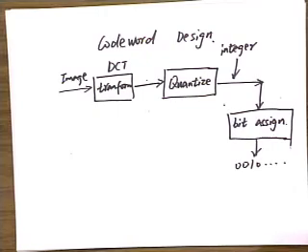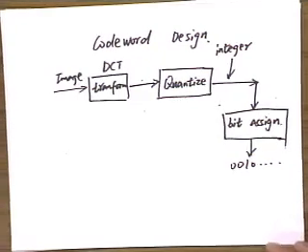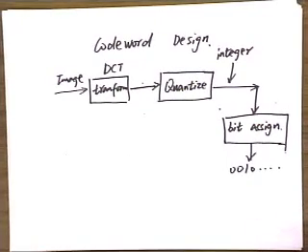So we can assign shorter code words to symbols which are more likely to appear, and longer code words to symbols which are less likely to appear. By doing that, on average, we could shorten the bit length, so we reach the effect of compression.